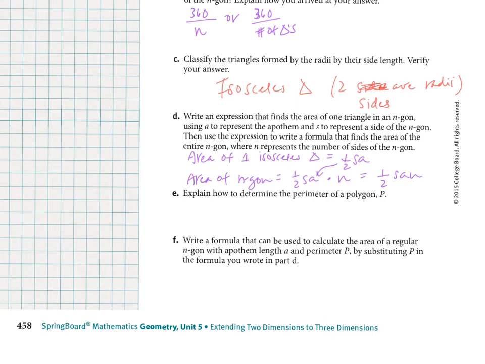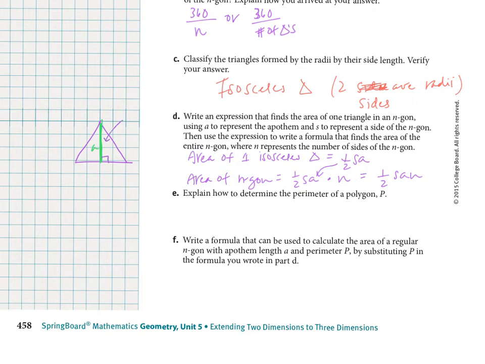I'm going to help you understand how we got 1/2 S times A again, just in case you're confused. Let's say we take one of the triangles from our first pentagon, the bottom triangle. We know our apothem is coming right down the middle. We're representing that as A, and we created 2 right triangles.